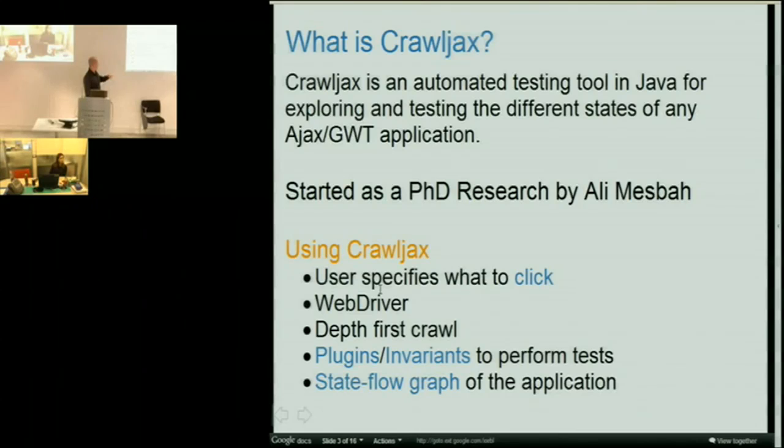It does a depth first crawl, so it clicks as far as it can go, backtracks to the beginning, and goes on and on. The main power here is you can use plugins and invariants to perform tests, like user-defined tests. And Crawljax generates a state flow graph of the application. So it's like a whole overview of the application, what's next to each other, and how you get there.